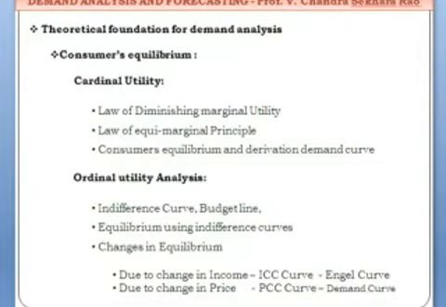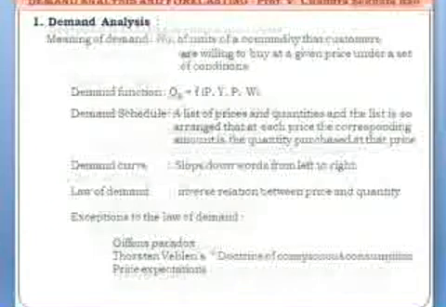That is, the consumer's equilibrium can be explained either with the cardinal approach or with the ordinal approach. The only thing is, in case of the cardinal approach, we make the assumption that utility can be measured. So it is based on the assumption of measurable utility, whereas ordinal utility analysis was developed by removing that measurable utility assumption. That is the only thing. And using these two, we can derive individual consumers' demand, and we know that market demand is the summation of individual demands.